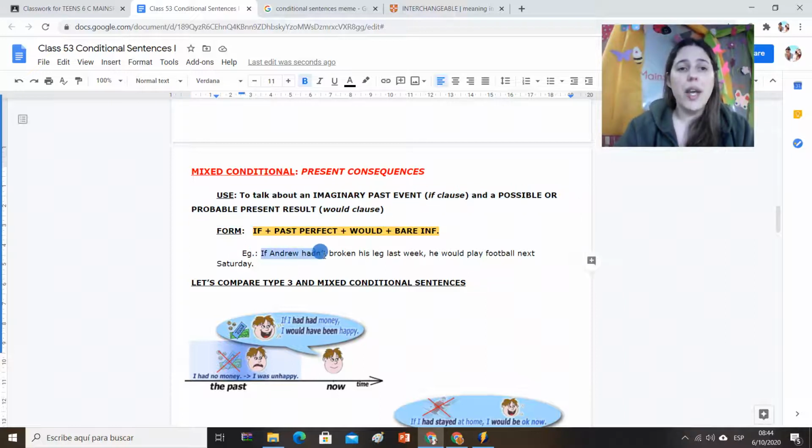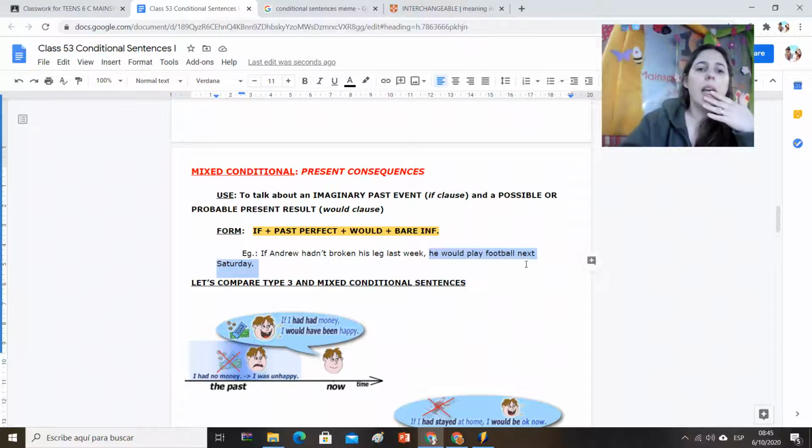If Andrew hadn't broken his leg last week, and the result, the probable result, is in the present time, he would play football next Saturday. Okay? Jugaría si no se hubiese quebrado. Okay? So, people, careful with the mixed conditional.